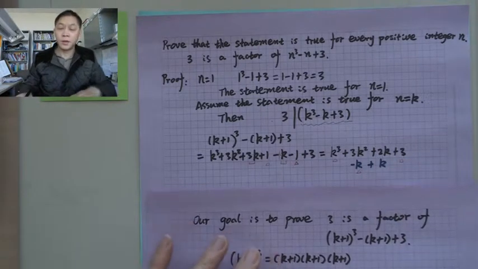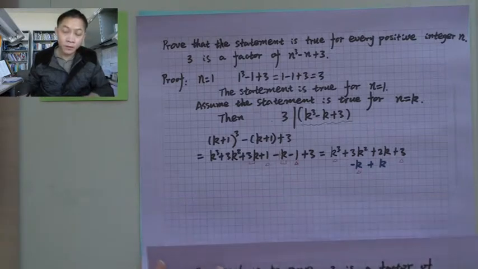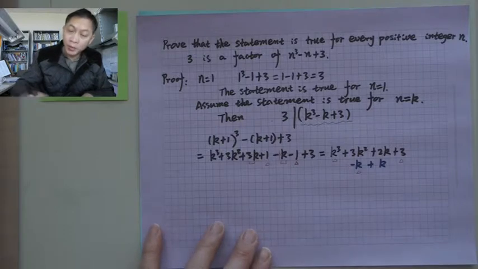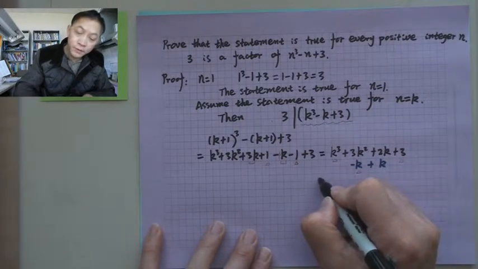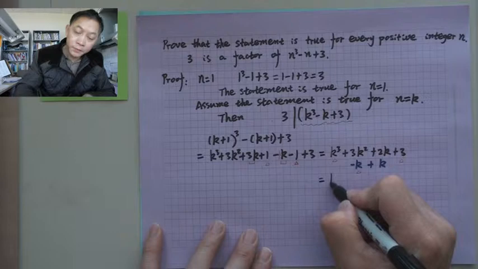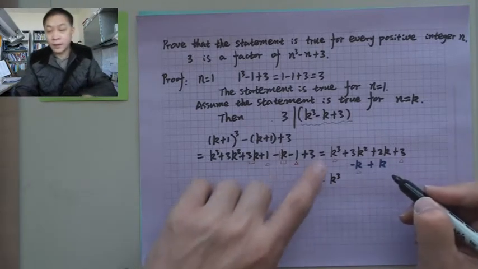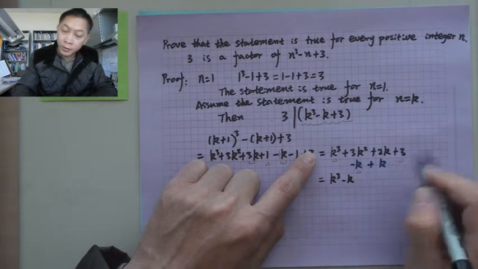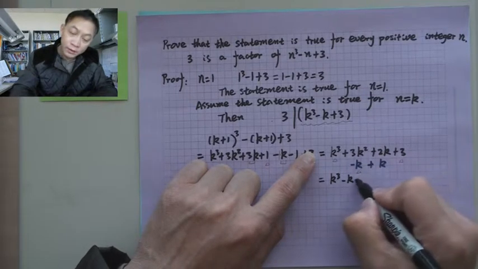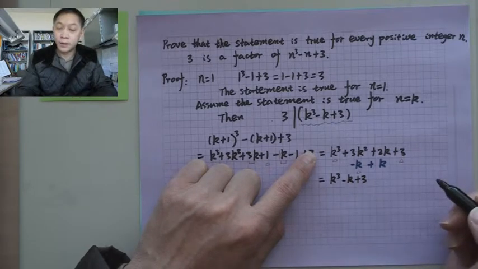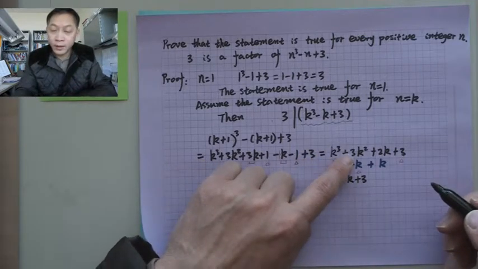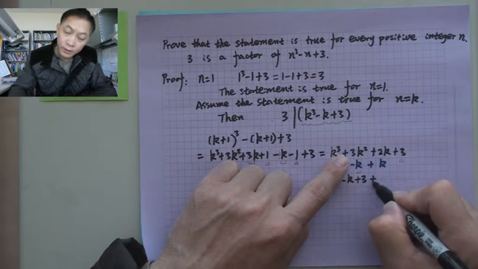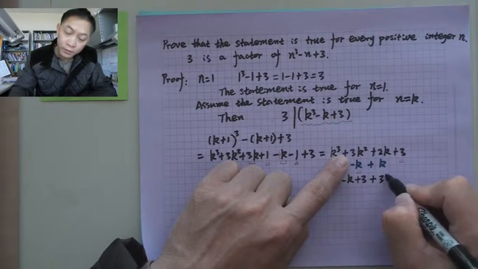So let me write here: k cubed minus k, and let me put 3 behind it. Now here it has 3k squared, so I put 3k squared.